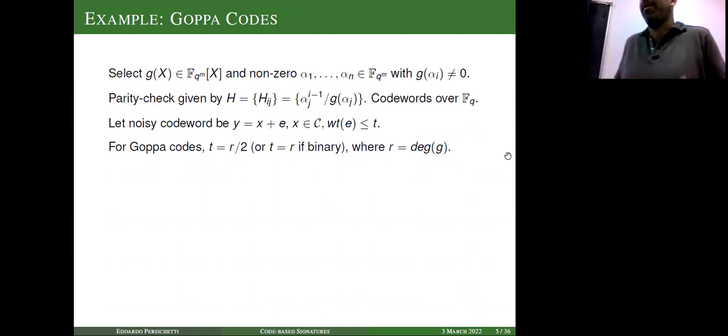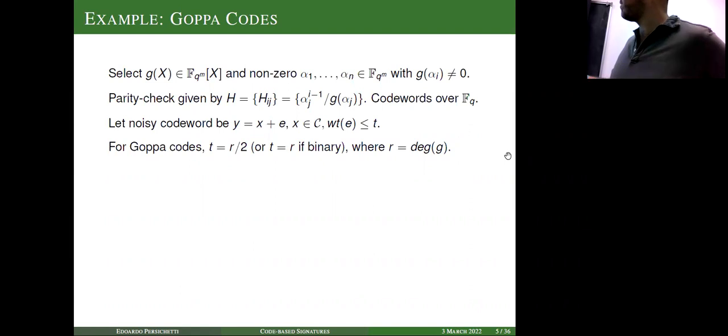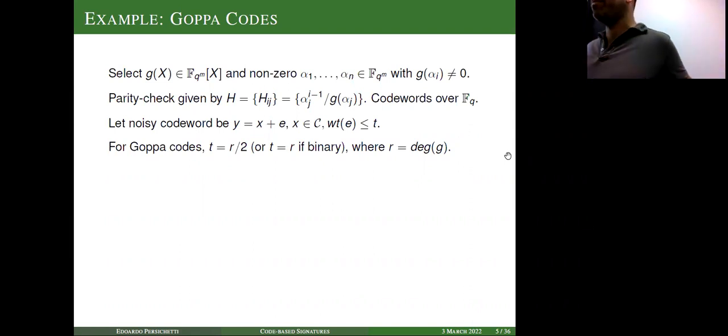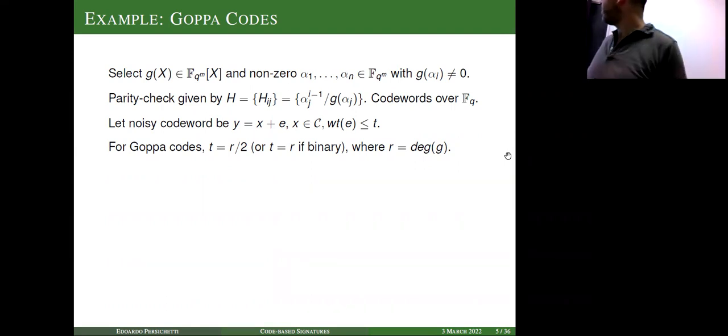This t obviously depends on what codes you're considering. The simplest example is Hamming codes, which can correct one error. Goppa codes correct more errors. They correct actually r over 2, where r is the degree of our polynomial. Or in the binary case, we have a better property for the code: we correct exactly r errors. So it's able to correct a large number of errors, a good percentage of the code.